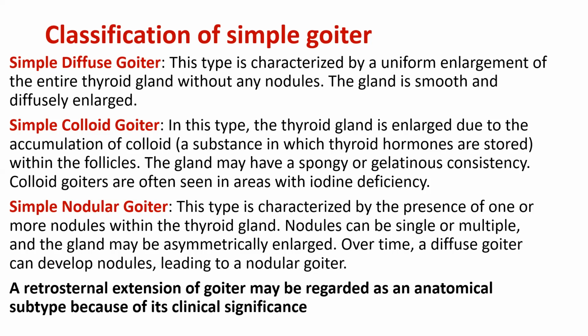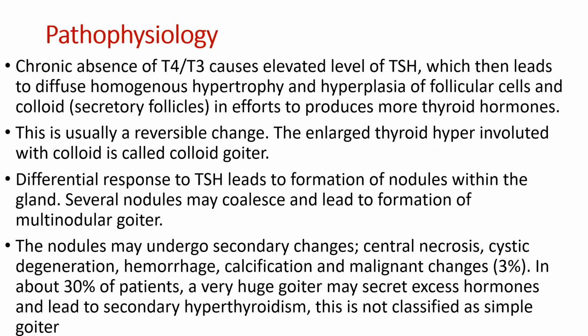Pathophysiologically, simple goiter, as I've said before, is a chronic deficiency of T3, which causes elevation of TSH, which leads to diffuse homogeneous hypertrophy and hyperplasia of follicular cells and the colloid in an effort to produce more thyroid hormones. Now, in differential response to TSH, there will be formation of more nodules within the gland. Several nodules coalesce and can lead to the formation of multinodular goiter.